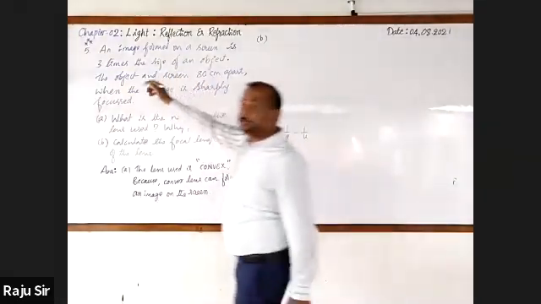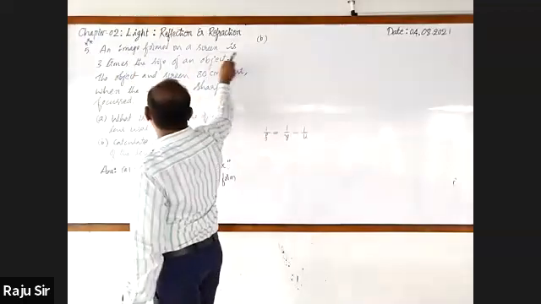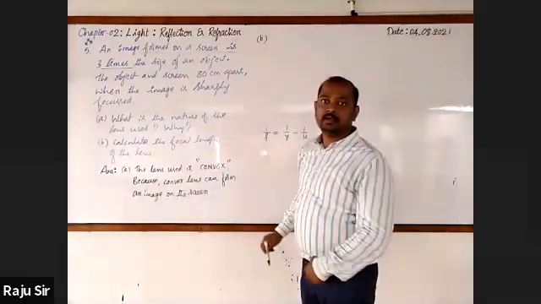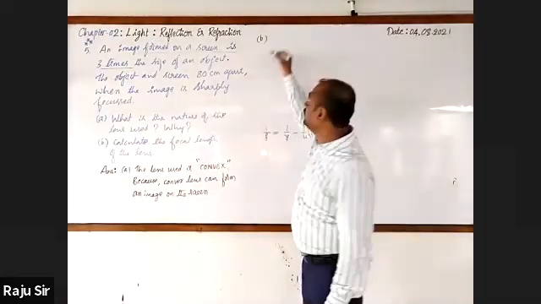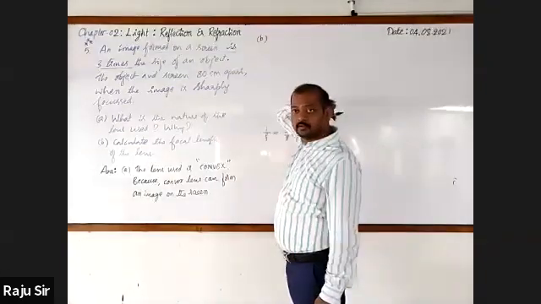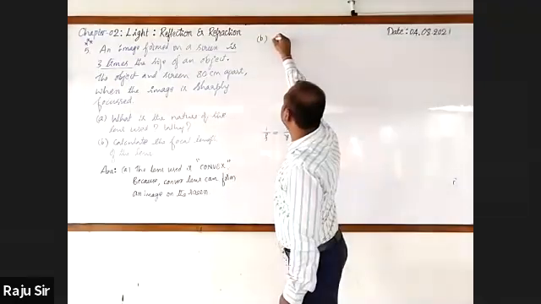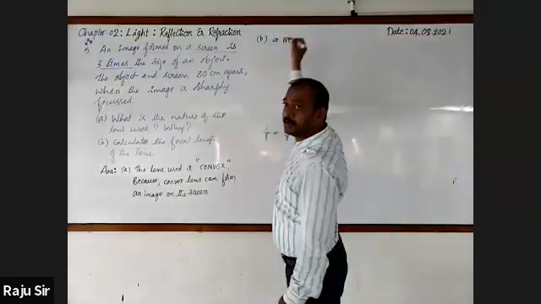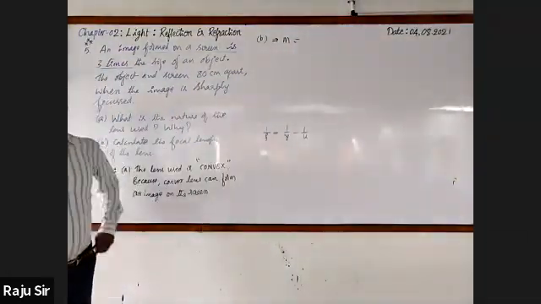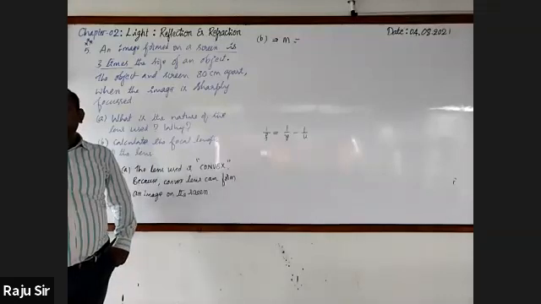But it has been given that the image formed on the screen is 3 times the size of the object, which means magnification is given. Magnification is 3. Positive 3 or negative 3? Negative 3.